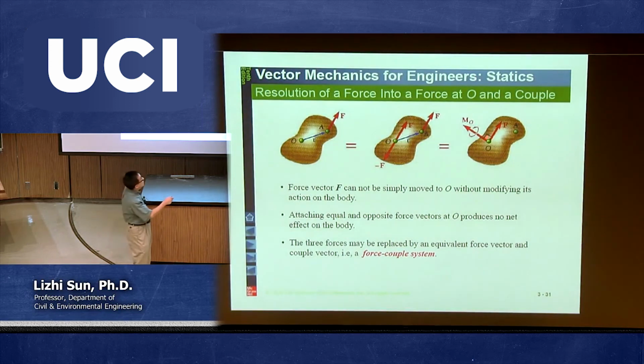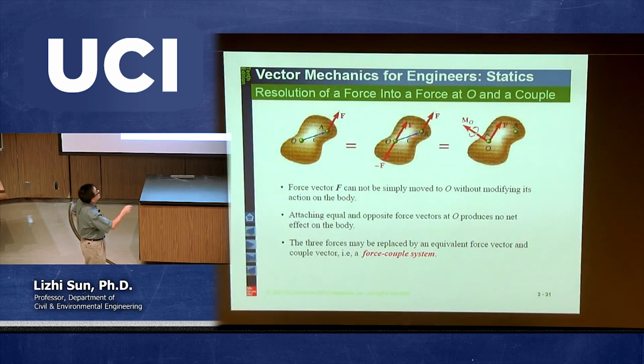So finally you find out that the original single force acting on point A is equivalent to this scenario. Look more carefully: you have the same force but acting at a different point, exactly the point you want to move the force to. So you finally move this force from point A to point O, but you have to pay the price, and that price is this additional moment, the moment due to a couple. How do we calculate this moment?